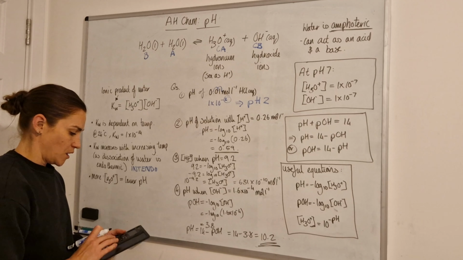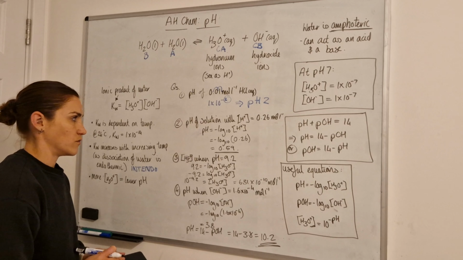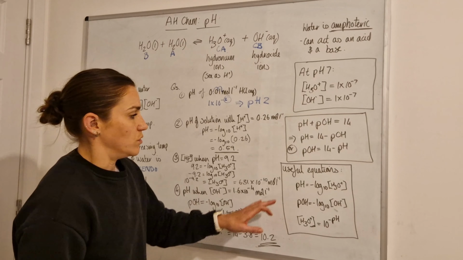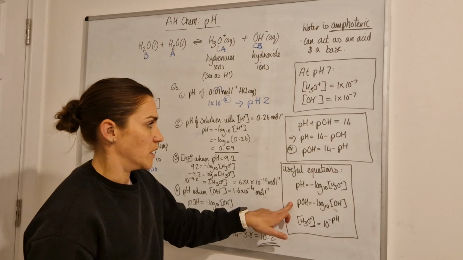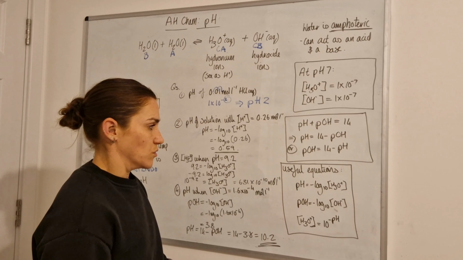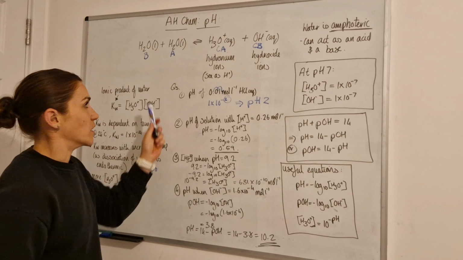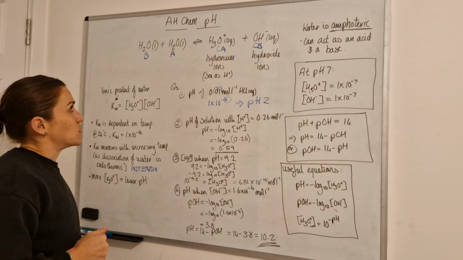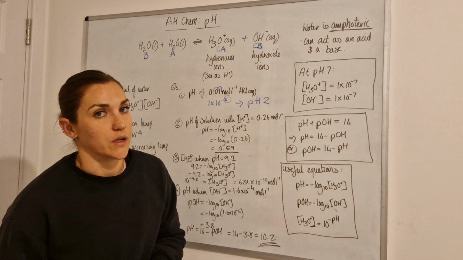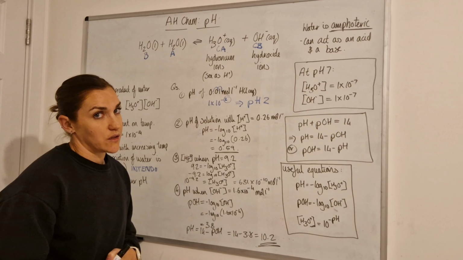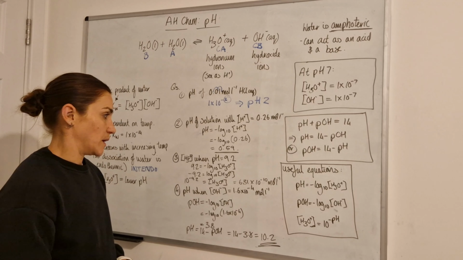Okay. So that's some examples of different relationships with pH, but most of the time you will use this one, and this relationship here. So all the other things here are really just things that are good to keep in mind when it comes to the ionic product of water and dissociation of water, just in case it does come up in an open-ended question or anything like that, like the pH meter one that I was talking about.